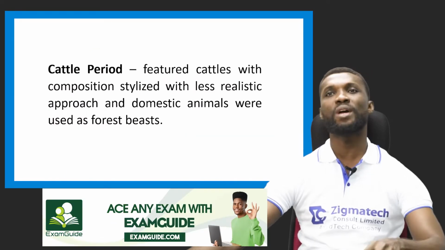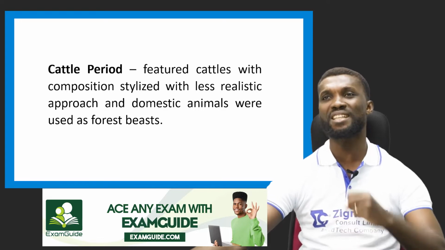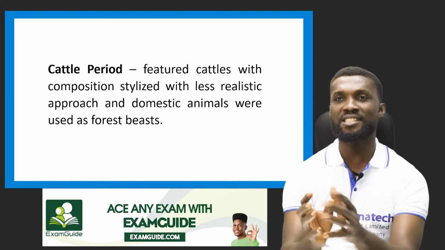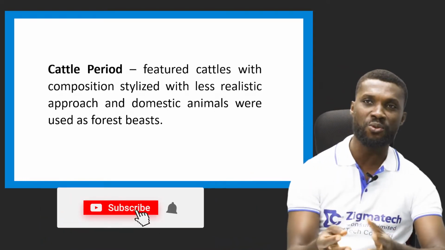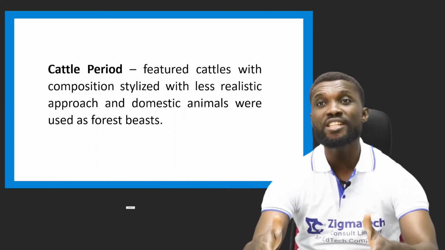Within this Buffalo era, we also have the cattle period. They featured cattle in some of their paintings and compositions, and then they started painting some domestic animals within this period.